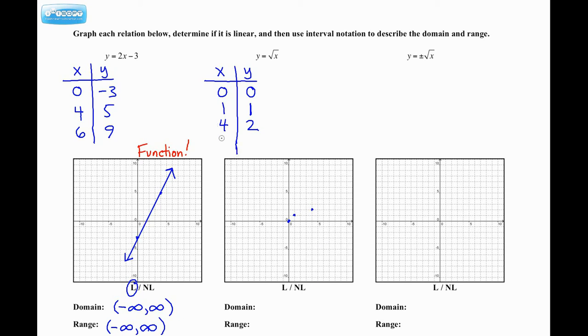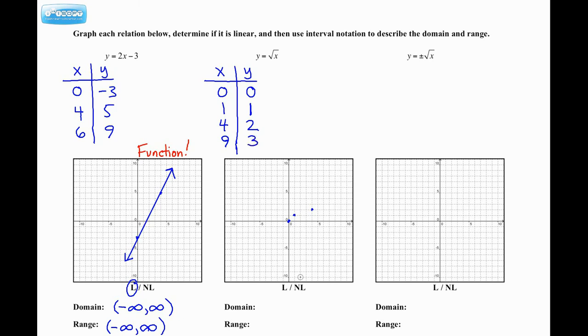x equals 5, x equals 6, x equals 7, x equals 8: none of those would be wise choices, because the square roots of those numbers are not particularly nice. They're irrational numbers. But 9, however, is nice. What number times itself is 9? Well, 3 times 3 is 9, so the square root of 9 is 3.